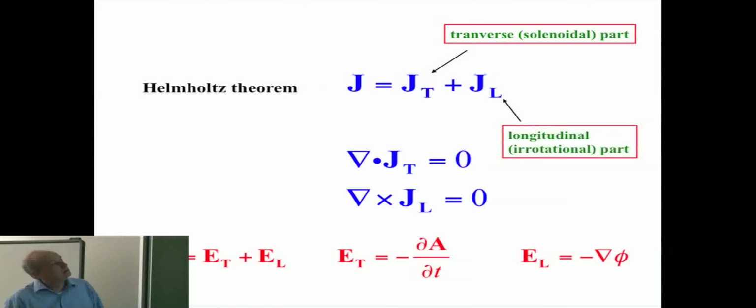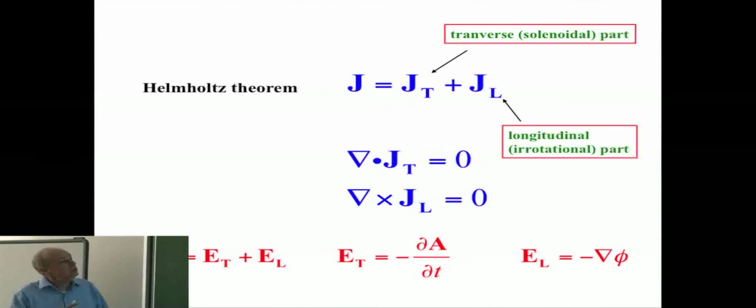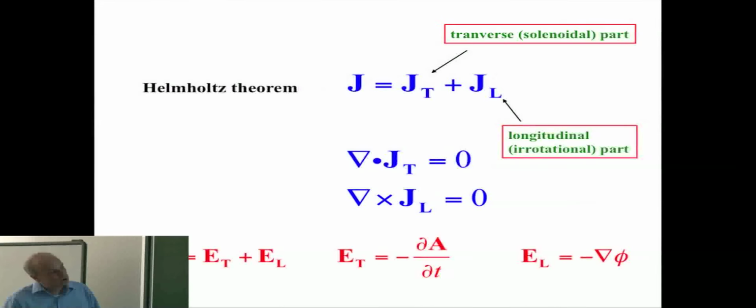There exists a theorem due to Helmholtz that states that any vector field, and in this case the field is the current density, can be separated in only one way into one field which is called the transverse, such that its divergence is 0, and a field which is called the longitudinal, such that its rotation is 0. Now, what we can do is to take this equation and separate the transverse part and the longitudinal part.